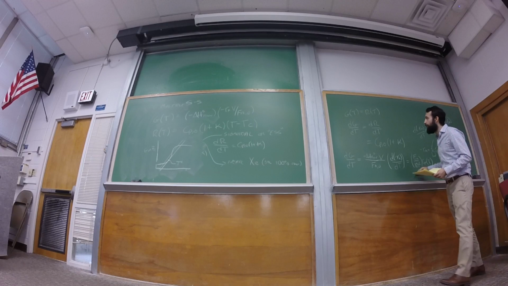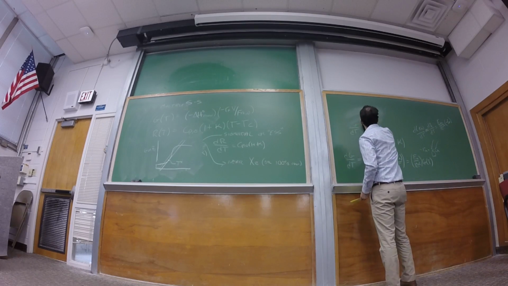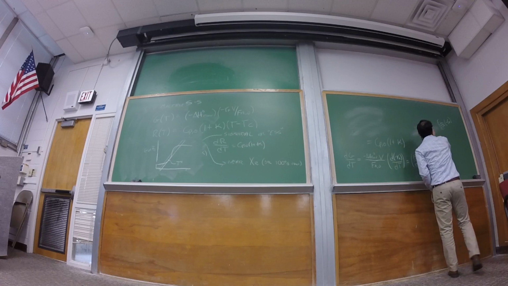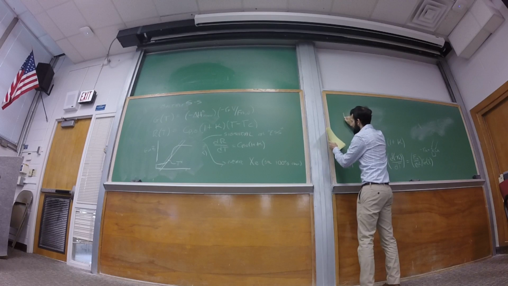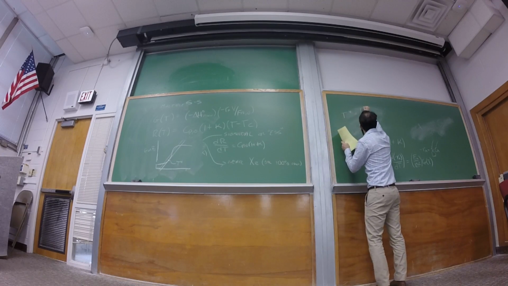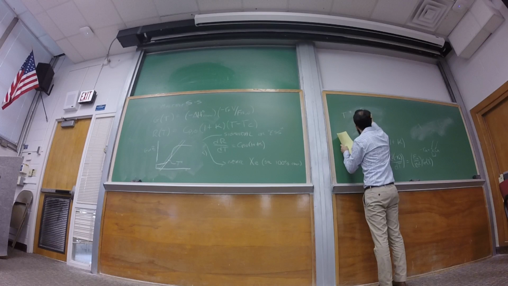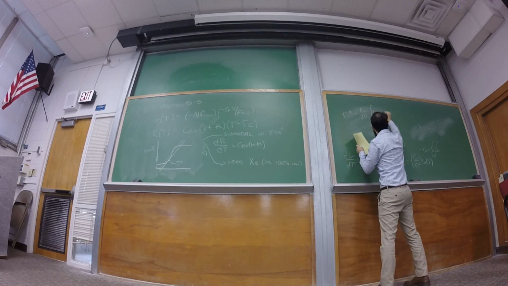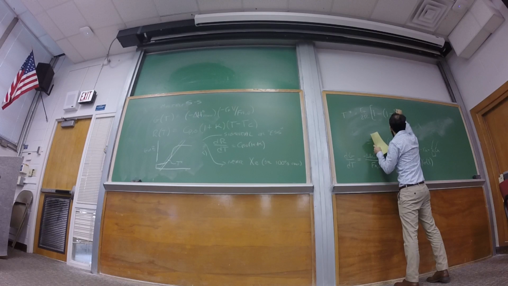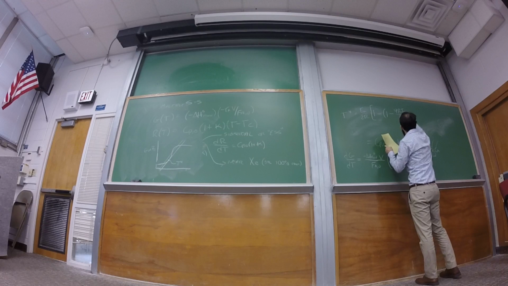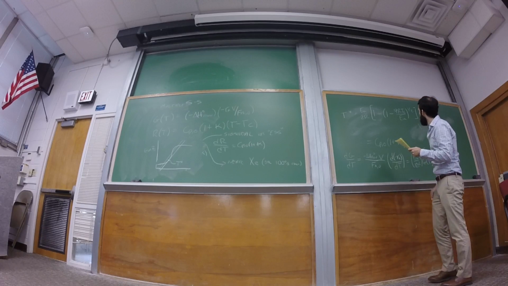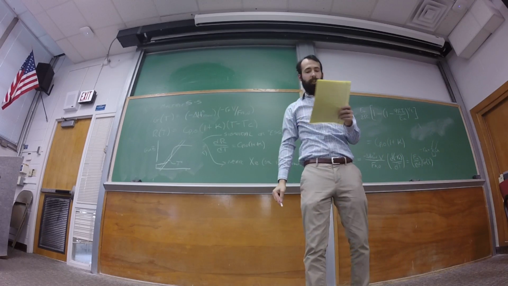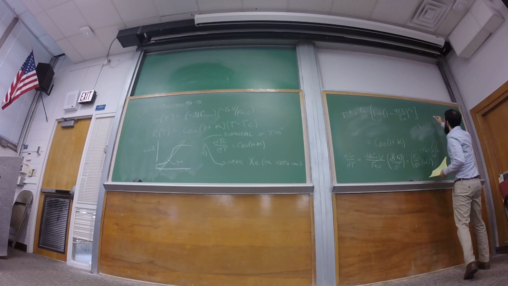And what you end up with when you do that, I did that last time, so I'll just put up the final equation. And what you end up with for T star is specific to a zero order rate equation.